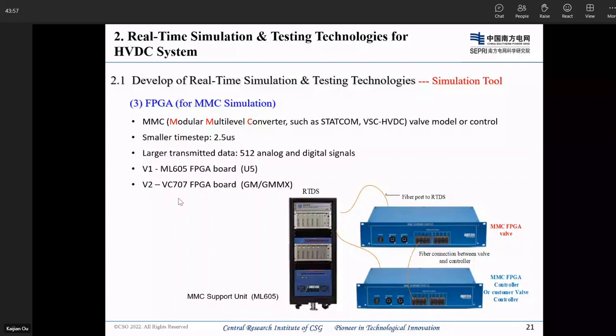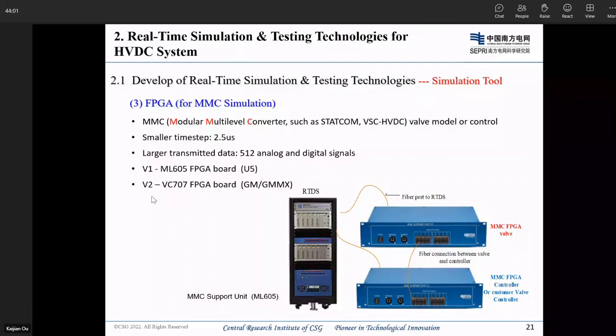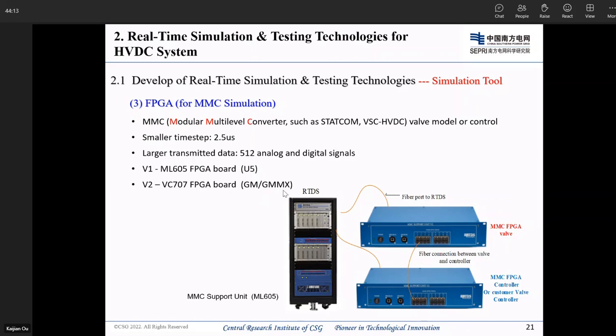And also, we have many kinds of MMC. The first version is V1, it's ML605. But now version 2 is used, the VC707 FPGA board.